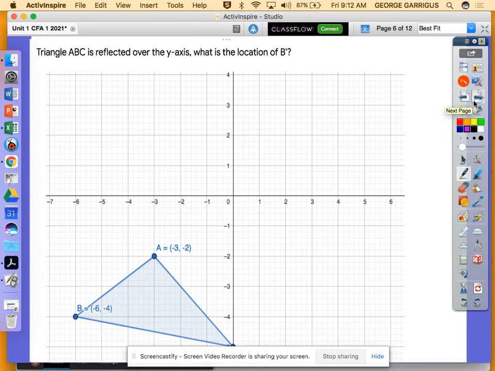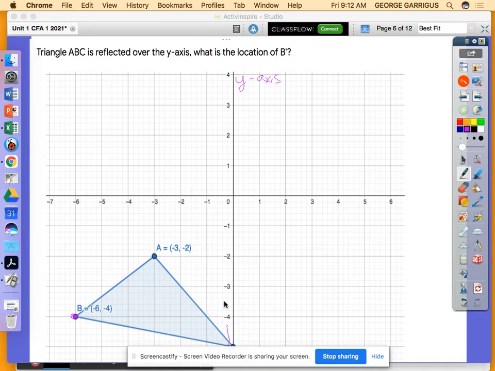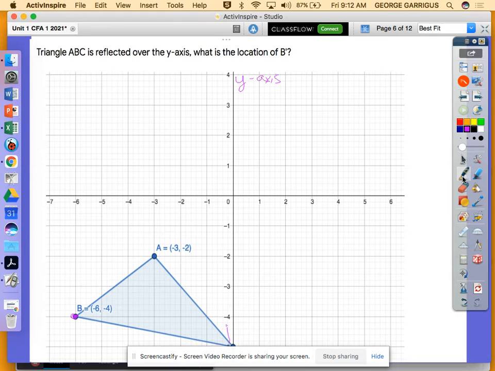Triangle ABC is reflected over the y-axis. Okay, here's our y-axis. What is the location of B prime? Well, here's B. We have a very similar thing, it's reflecting over this y-axis.